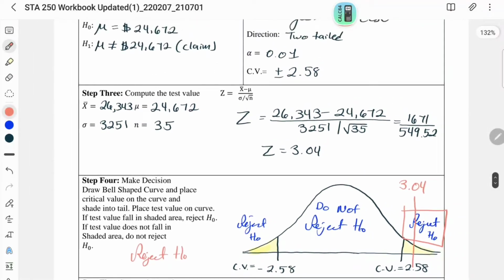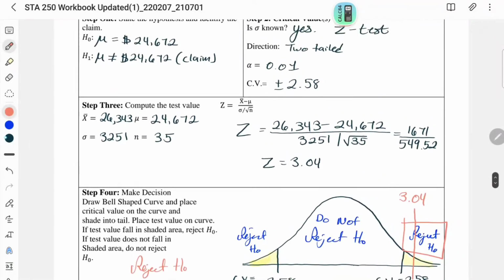So I'm going to zoom out for a second. The null hypothesis, which is right here, we are rejecting it, so we're going to cross that out. Okay, that didn't go too well. We crossed out the null hypothesis, which means we're going to have to look at the other one. And the other one is our claim, which means there is enough evidence to support our claim.